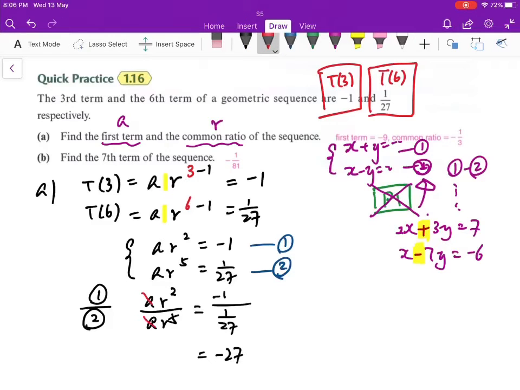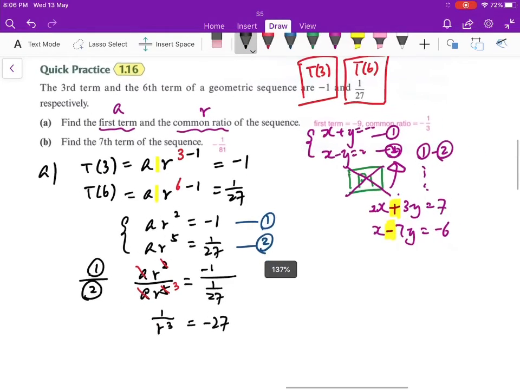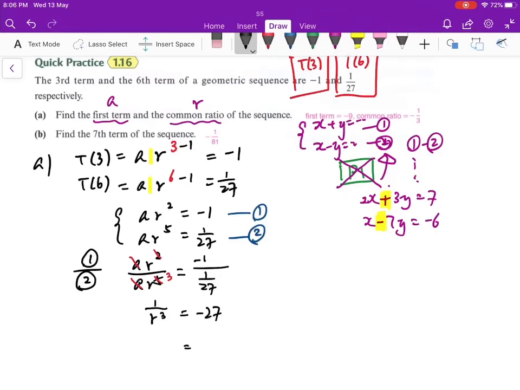Then here, simplify, A cancel, the powers reduce, so you will have 1/r to the power 3. Okay, then again, try to think about what kind of number will have the power 3 and give 27.